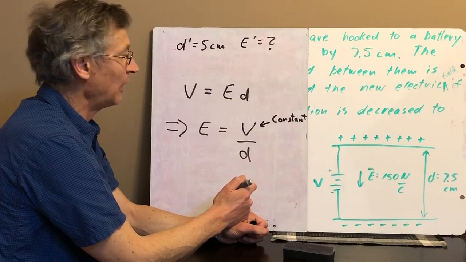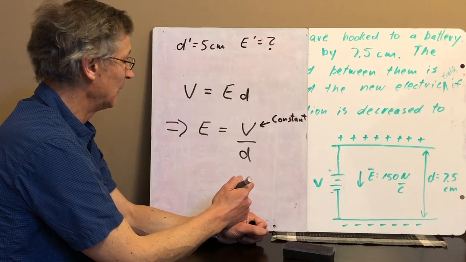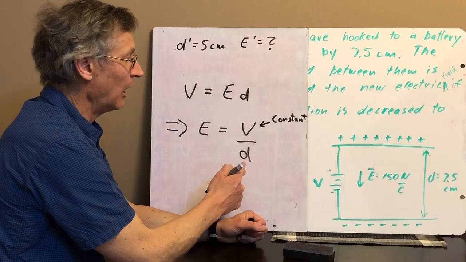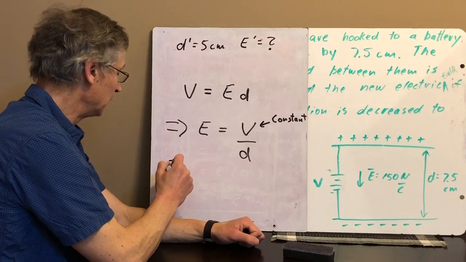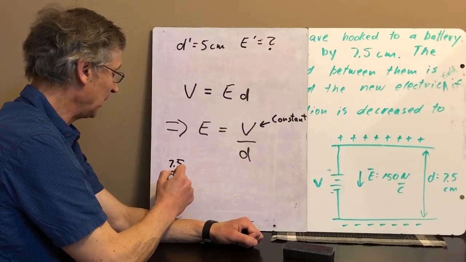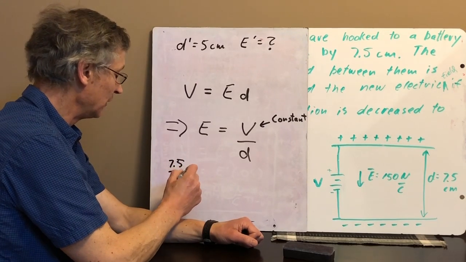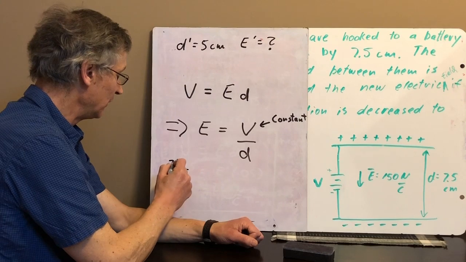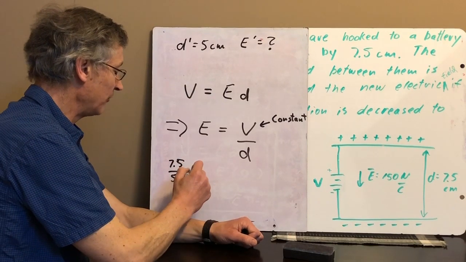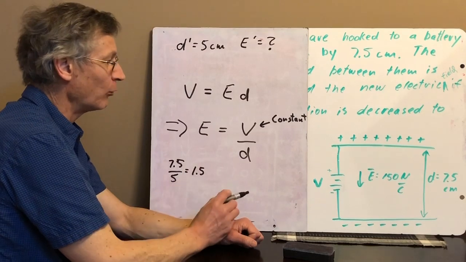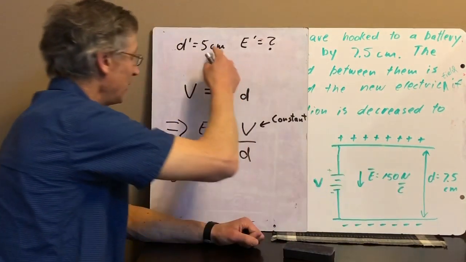Well, what's happening to D here? It's being reduced by some factor. Let's see, 7.5 divided by 5. That's 1.5, right? 7.5 divided by 5 is 1.5.